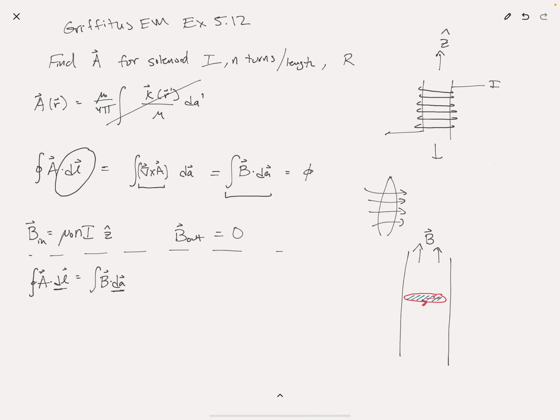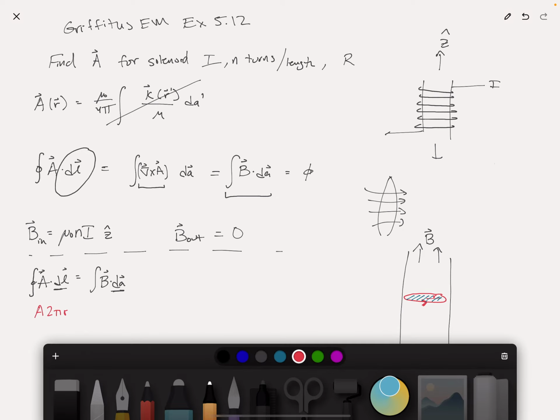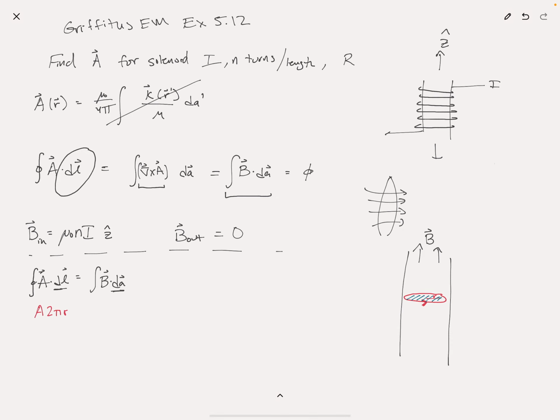I'll do the left side in red. The inside, I'm going to get just like we do with our Ampere's law: A times 2 pi r. And the right side is B dot dA.